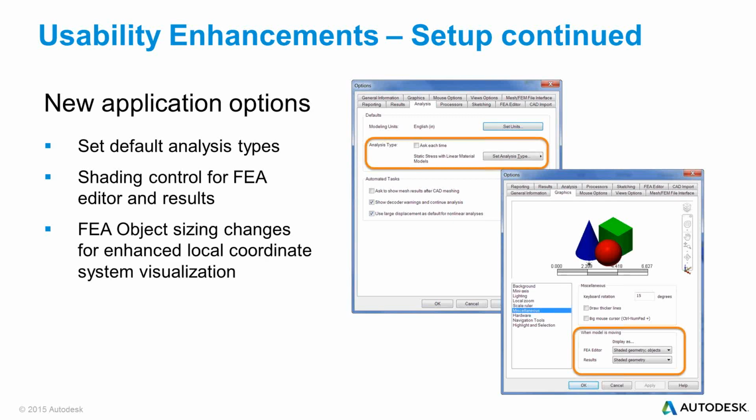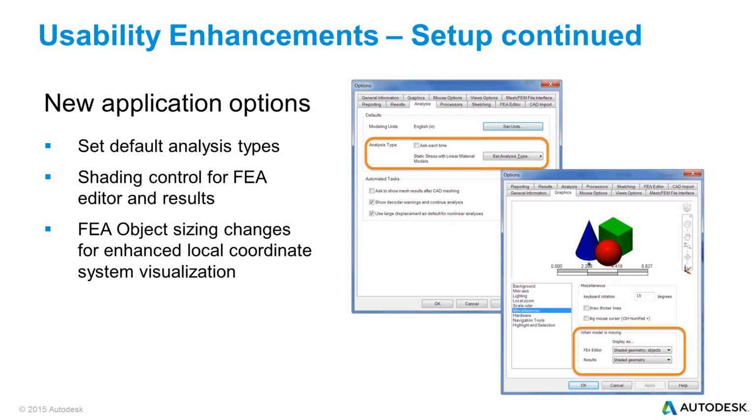Using these options, you can control the display of shading and FEA objects while moving the model. We also added a new control to size the FEA objects directly within this Tools Options dialog.